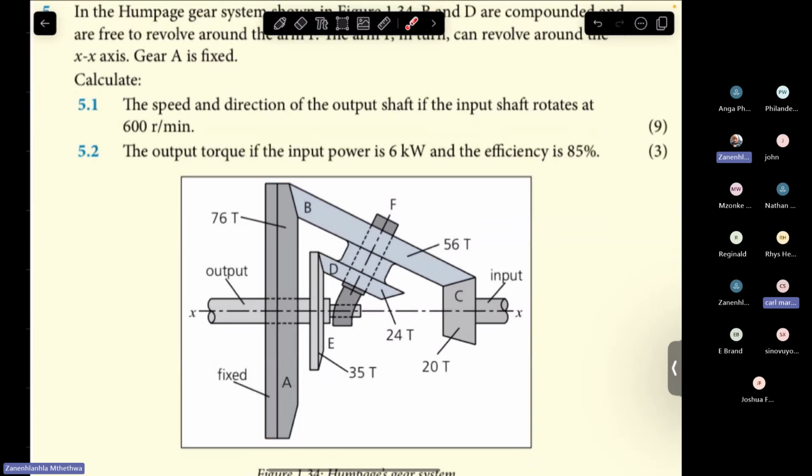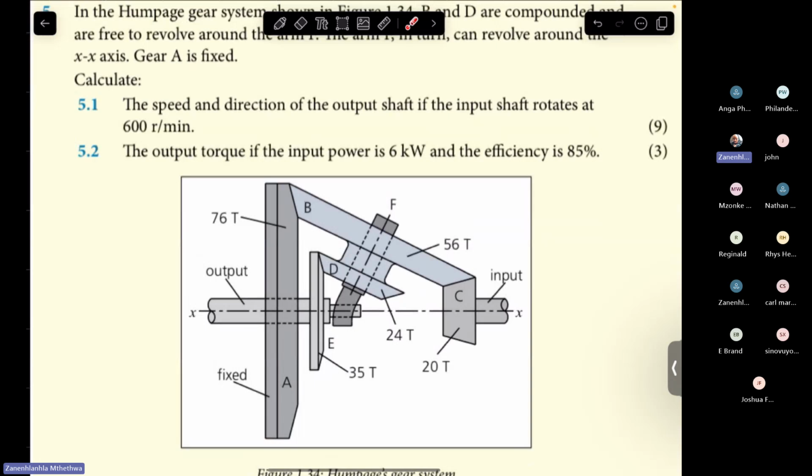I'll show you the page on where to read on Humpage gears. But the one system I can think of right now is a lathe machine, which in 2024 is actually not being used anymore.